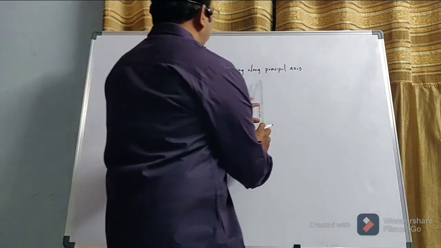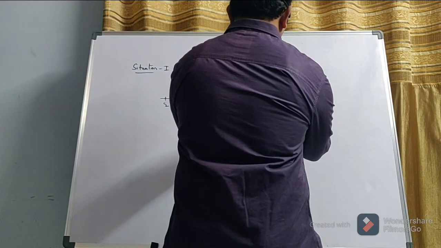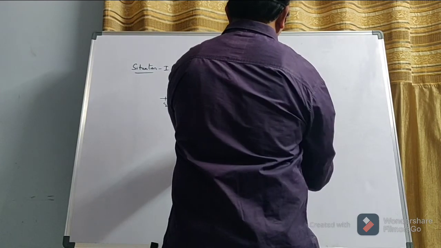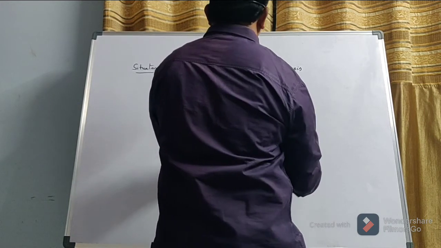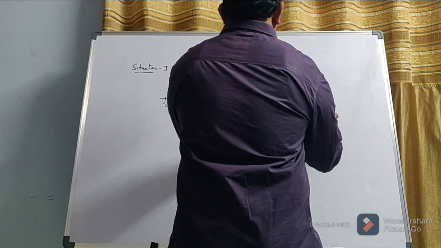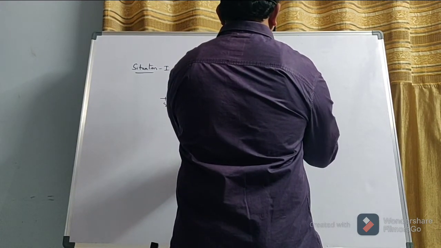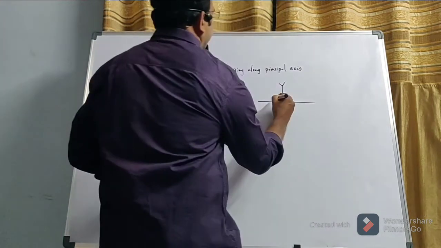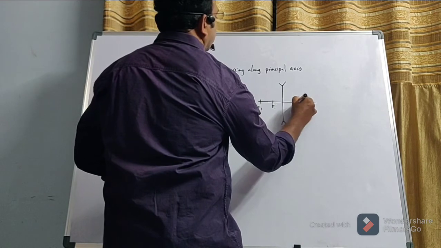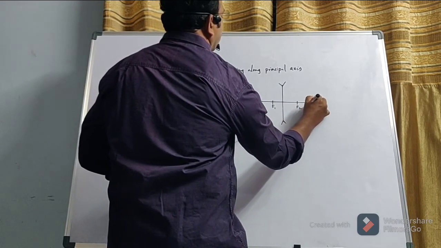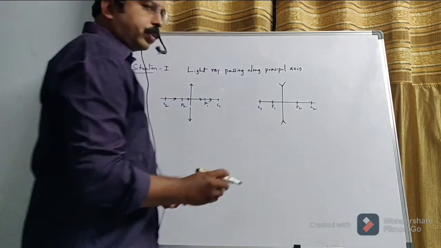In the case of the concave lens, we have it like this, and as usual this is F1 and C1 and F2 and C2.